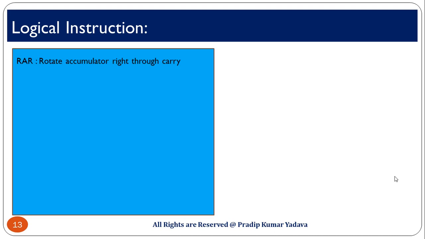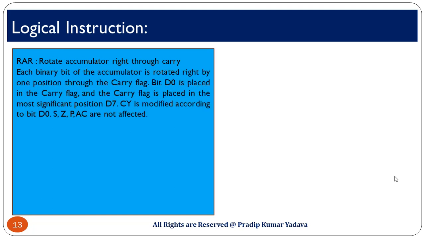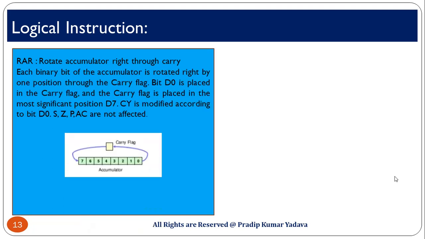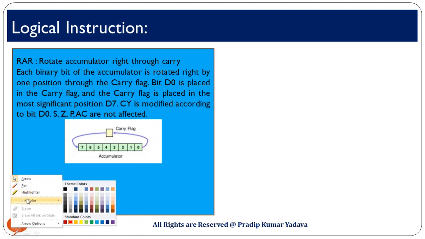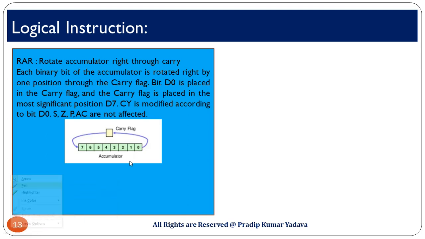Now talking about RAR, rotate accumulator right through carry, means in this example we also have to consider the value of carry. Here you can see what happened in this type. This will be shifted into carry and the value of carry will be shifted here.